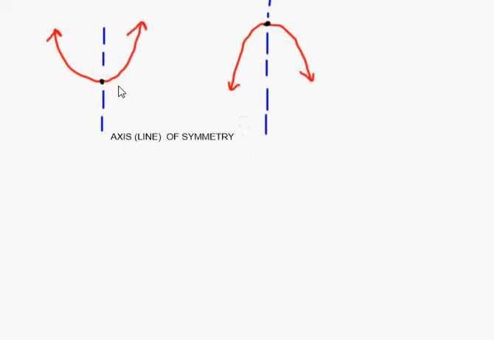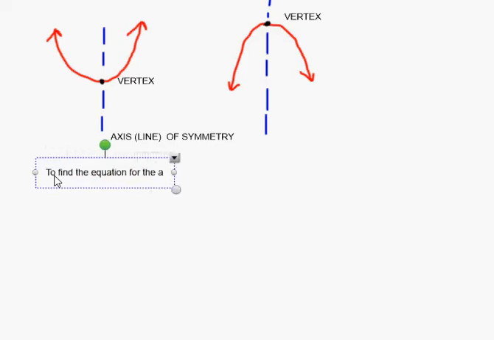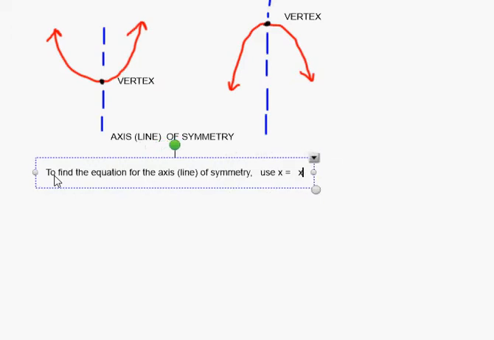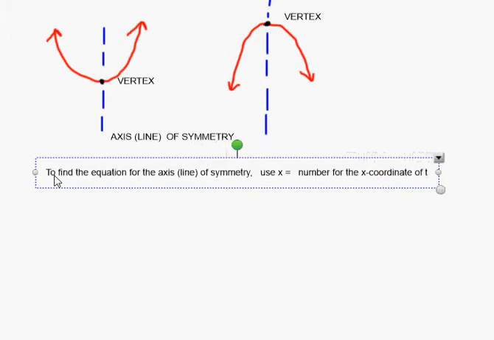And remember, the point was referred to as the vertex. To find the equation for the axis or line of symmetry, use x equals, and it will be the number for the x-coordinate of the vertex.